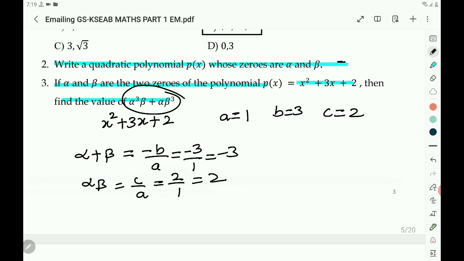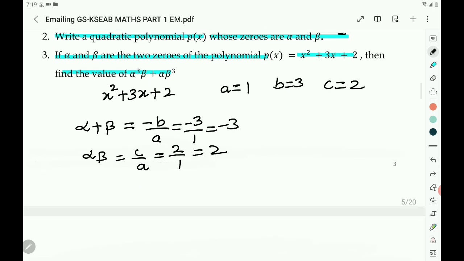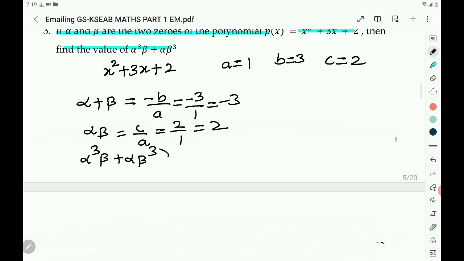To find alpha cube beta plus alpha beta cube, here you can take alpha beta common, equals alpha beta into alpha square plus beta square. If alpha beta is taken outside, in the first term, what is remaining? Alpha square is remaining, and here what is remaining? Beta square is remaining.